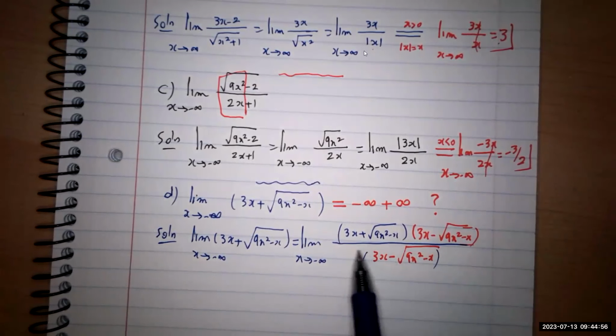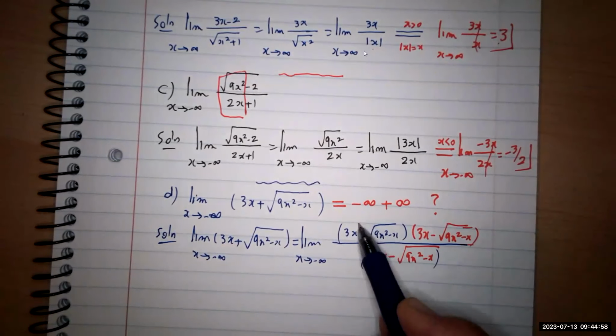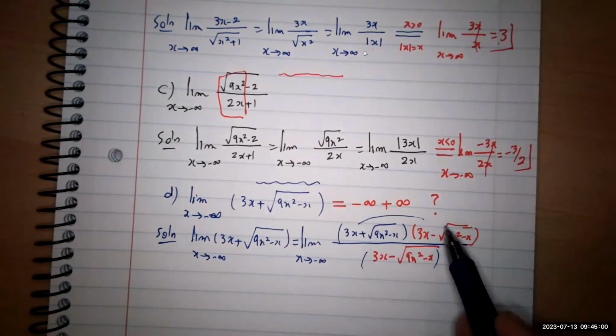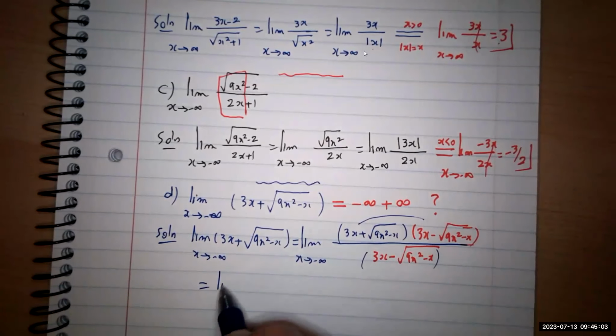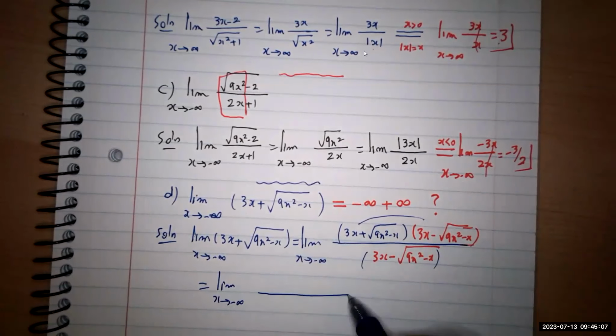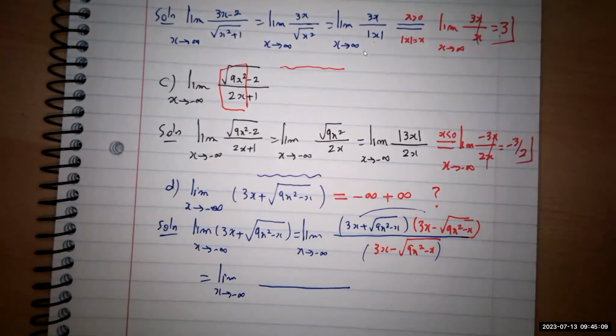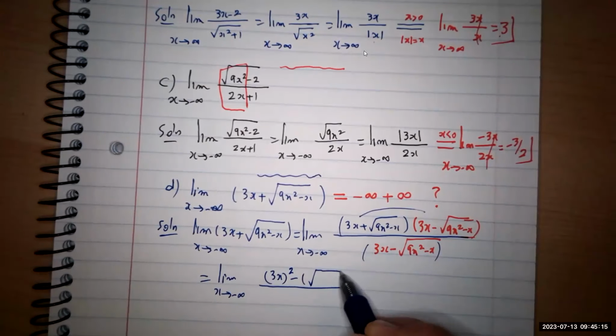Now the top is a special FOIL. Remember, multiply: the square of the first one minus the square of the second. So it's going to be the limit as x goes to negative infinity of the square of the first one, 3x squared, minus the square of the second one, 9x squared minus x all squared.